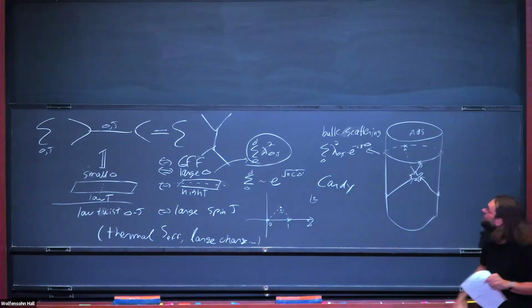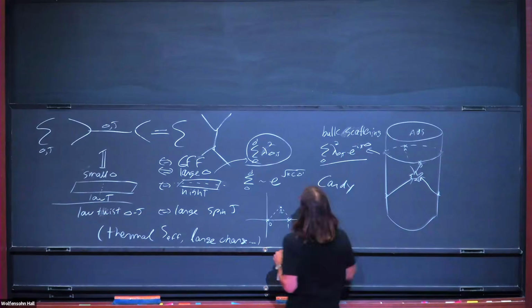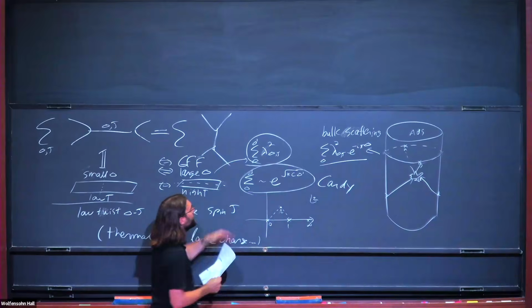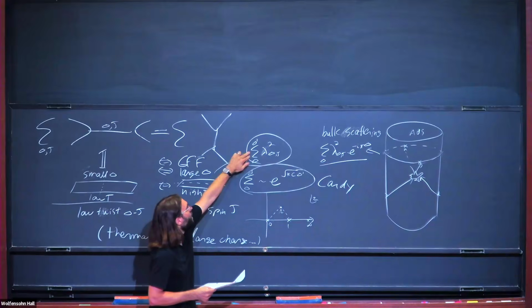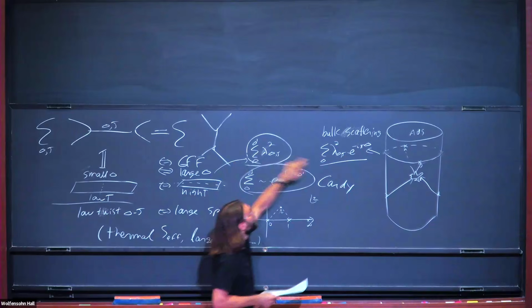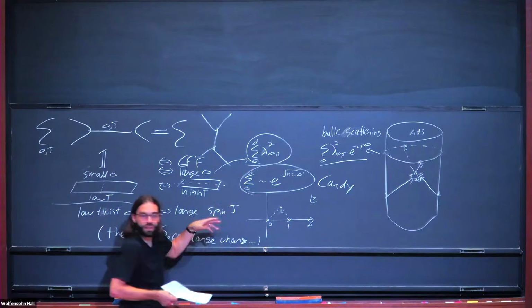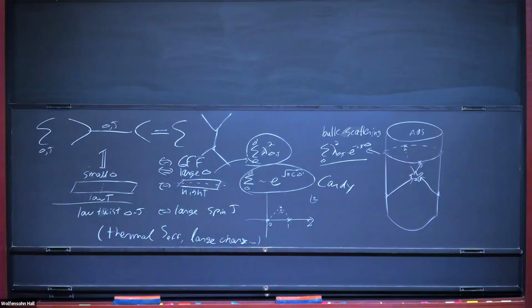So you see that there are different ways you can weight. We have some sense of how many operators there are, how much they couple to stuff, and how much they couple weighted by this phase. All of these things we can measure independently by different correlation functions.